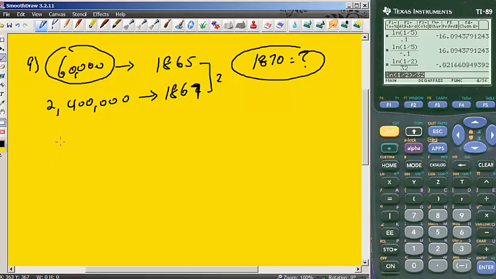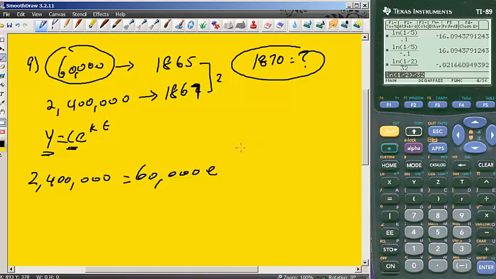So what we know is this: if you use y is equal to C times e^(kt), we know this is 2,400,000, and we know C, which is 60,000, and then e to the k, which we don't know and would like to find, but we do know what t is. t is 2 years, so that's 2k.